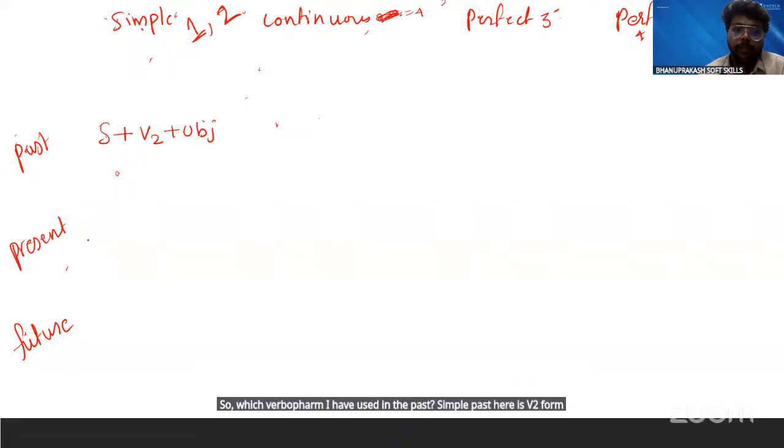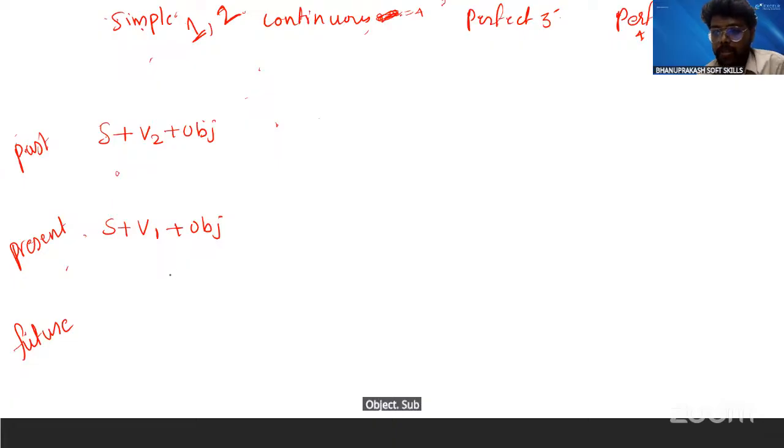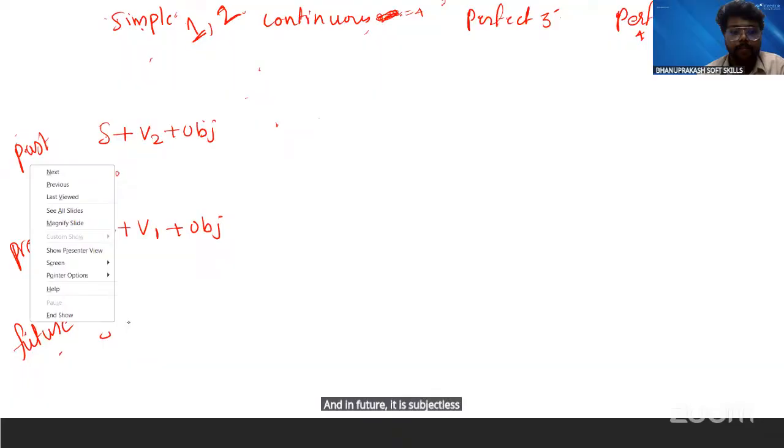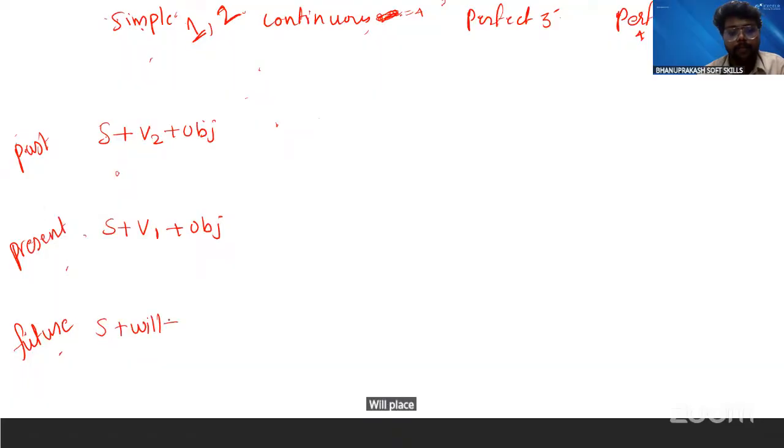Now coming to the simple present. The sentence formation here is subject plus verb form 1 plus object. Here I have used verb form 1, which is the base verb. And in future, it is subject plus will plus verb form 1 plus object.